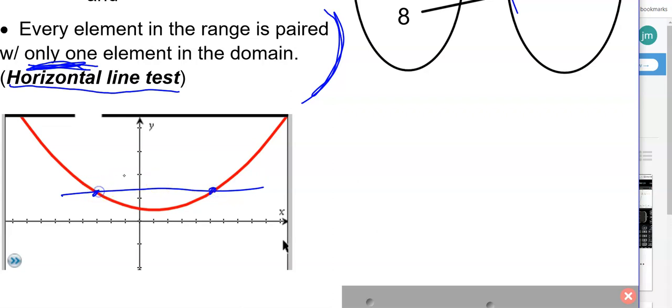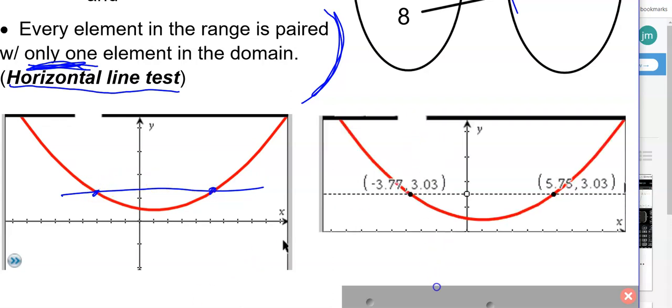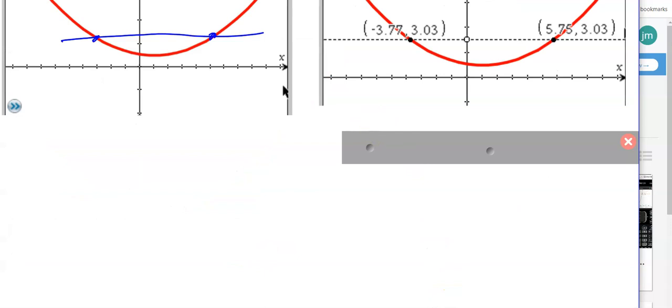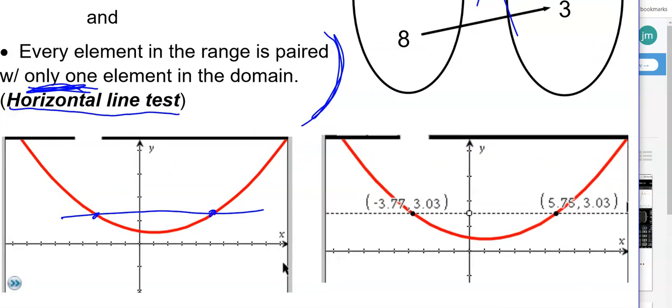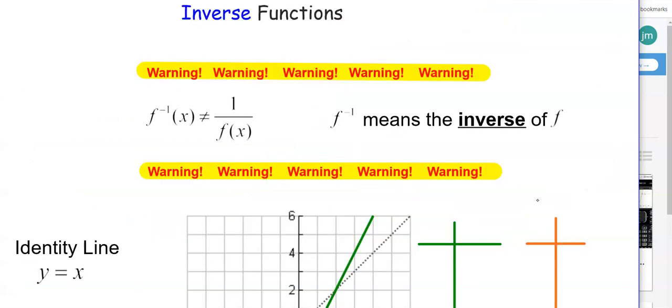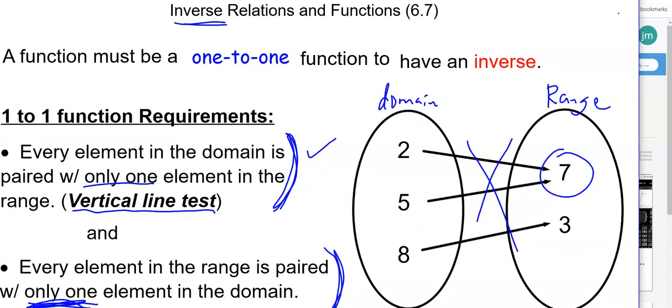It's not a one-to-one function, because in this case it's got the same y value, 3.03, but two different x values. Because those are different, just those two points prove that it is not a one-to-one function.